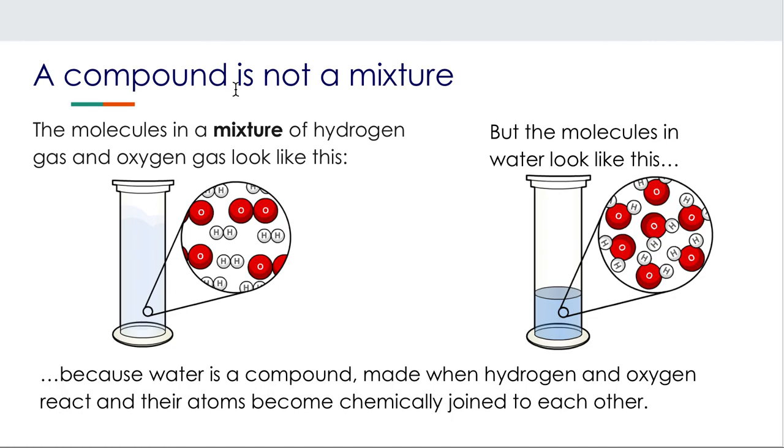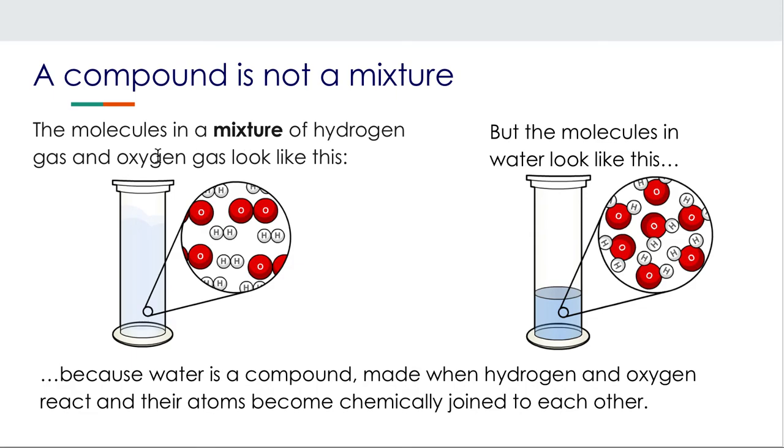Now, a compound is not a mixture. The molecules in a mixture of hydrogen gas and oxygen gas look like this. This is a mixture. They're not chemically bonded. But the molecules in water look like this. You see the hydrogen and the oxygens are chemically bonded.